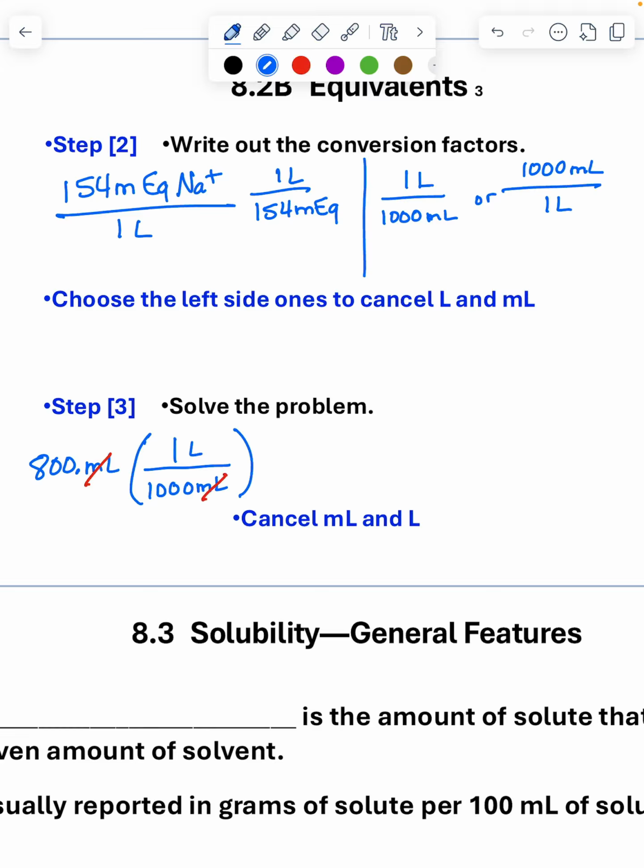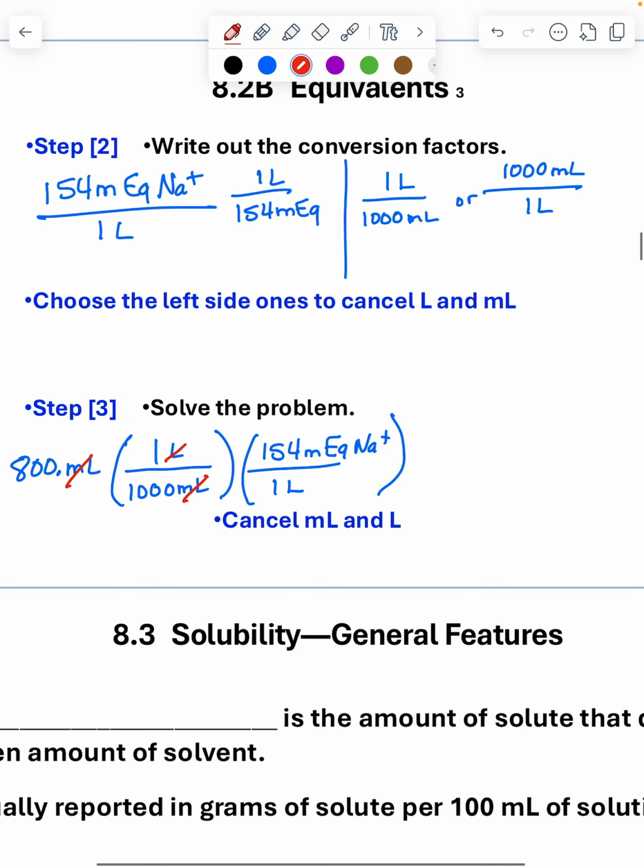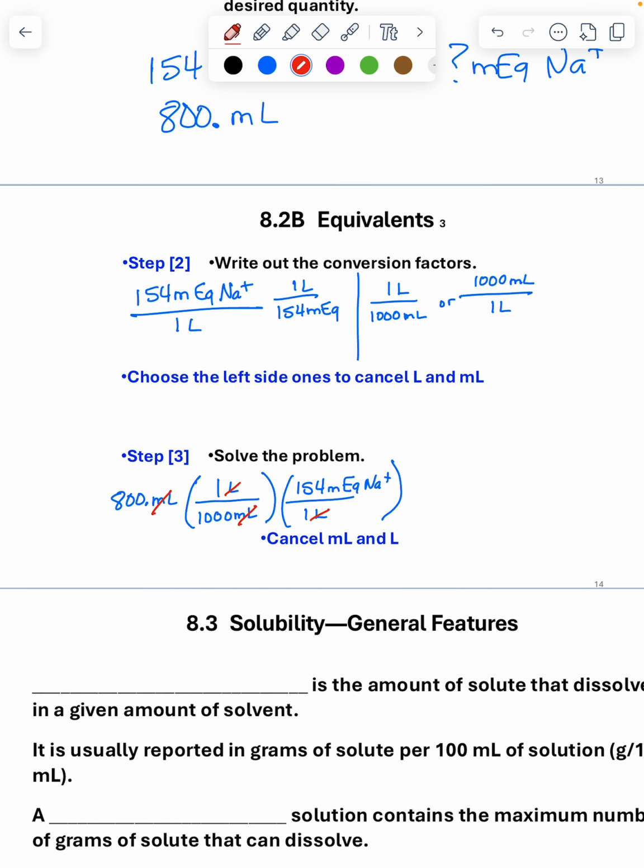We have our second equivalents that would change liters to milliequivalent. And so we know that for every 1 liter, we have 154 milliequivalent of our sodium ion. And so again, let's stop and cancel the units. When one unit is on top and the other unit is on the bottom of the fraction, they cancel each other out. And so now we have our unit that we're trying to solve for has been isolated, and we're ready just to do the math.